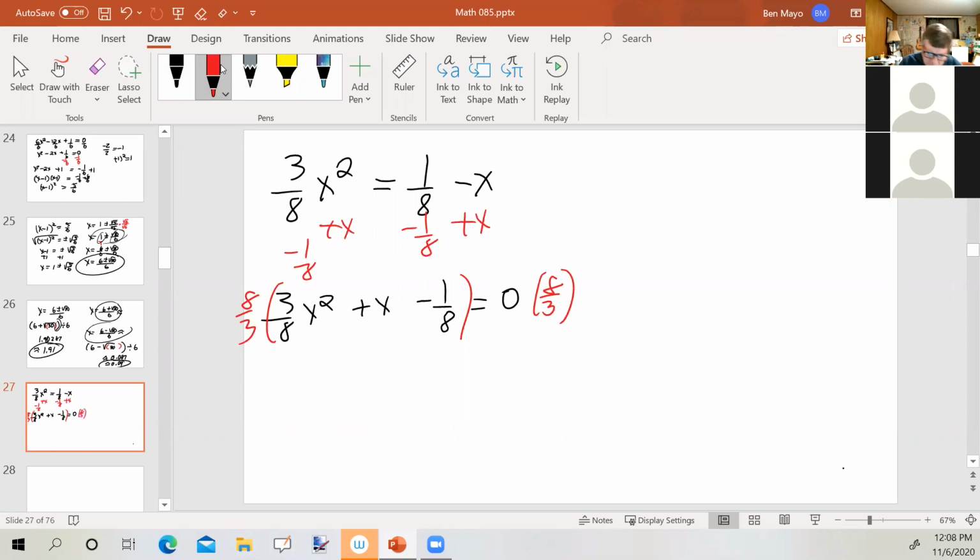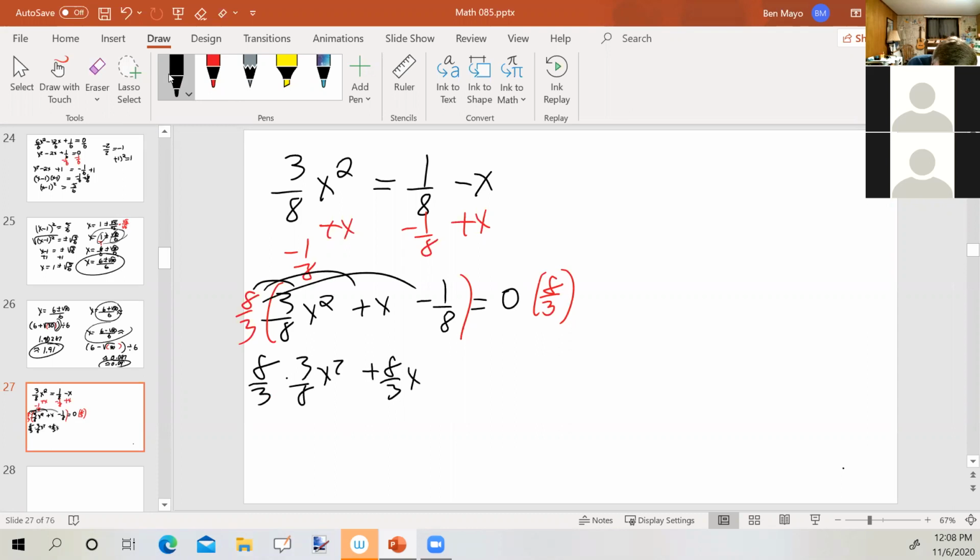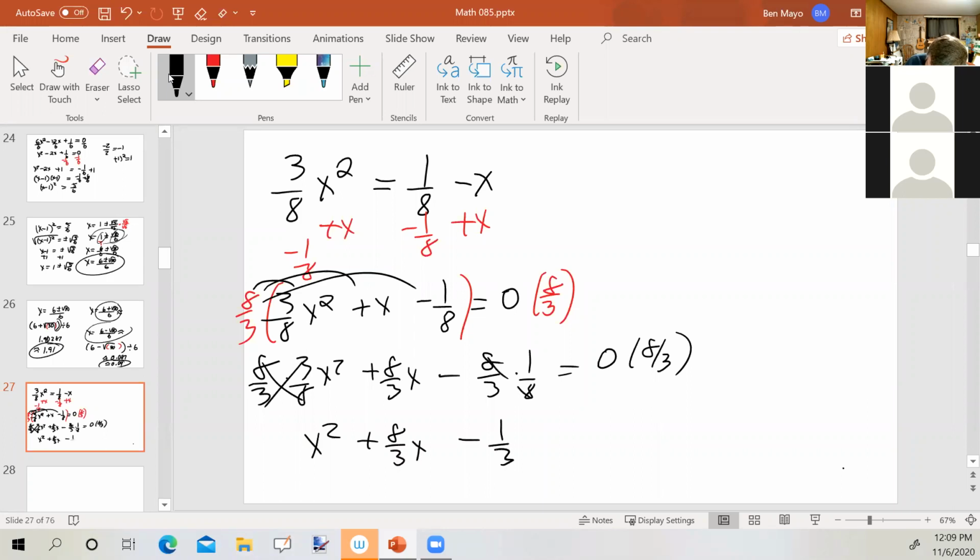So 8/3 times 3/8 x squared plus 8/3 x minus 8/3 times 1/8 equals 0 times 8/3. Again, do you see, by multiplying by its reciprocal, I get 1x squared plus 8/3 x minus 1/3 equals 0.